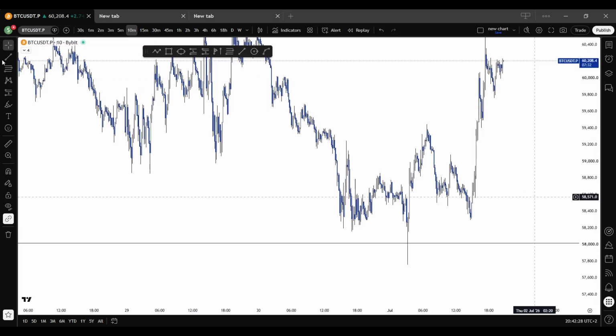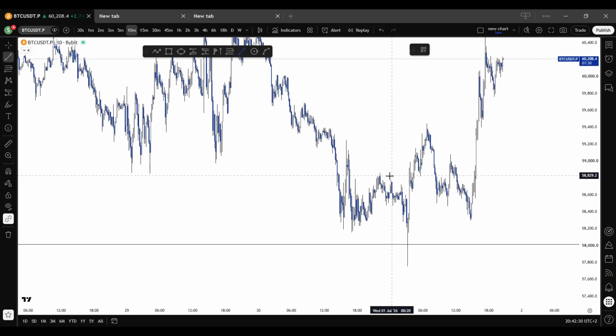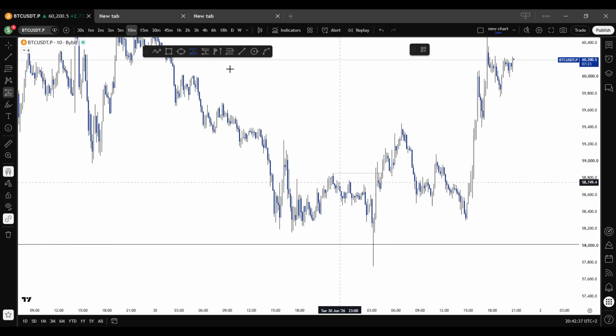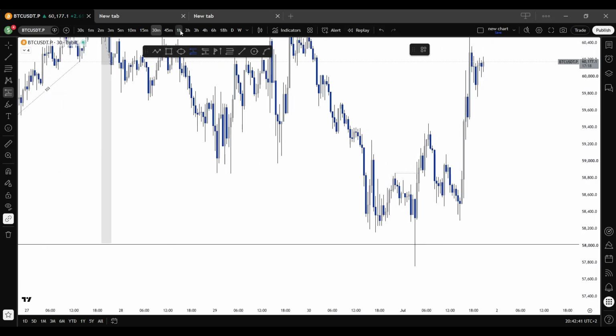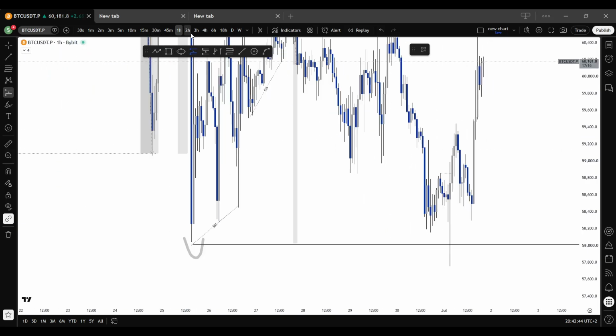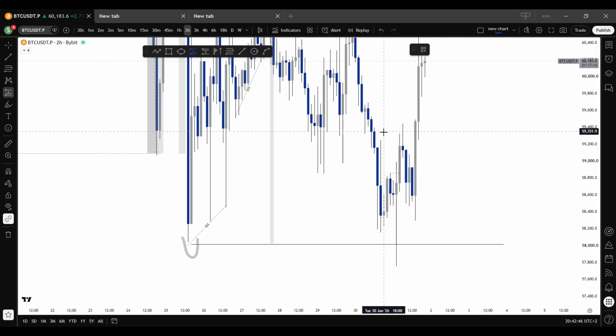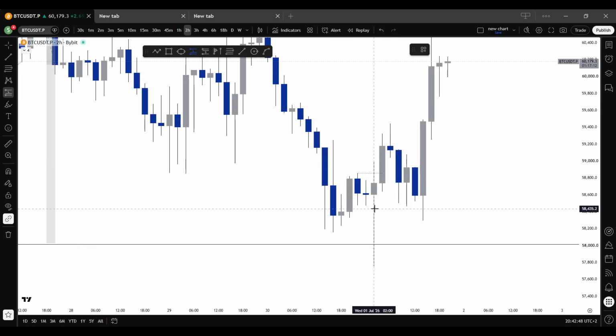The first trade that you could have taken, I wasn't awake, but if you were awake, this was late Asia. The first trade, where was it? 1 hour, 2 hour? Or maybe there wasn't even a clean one.